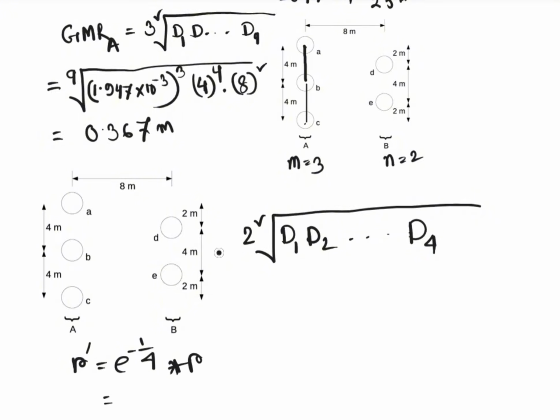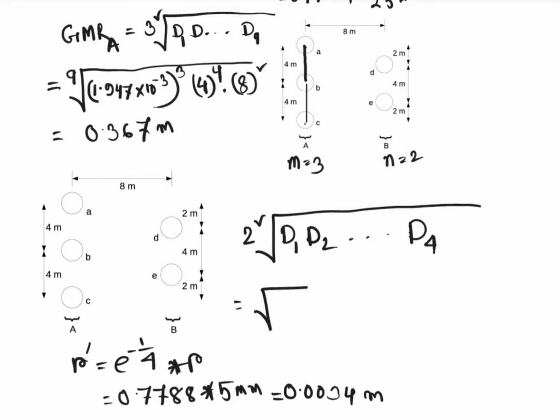And here the value of e to the power minus 1 by 4 is equal to 0.7788, and the radius is 5 millimeter. Okay, so altogether this value we found 0.0034 meter, right?